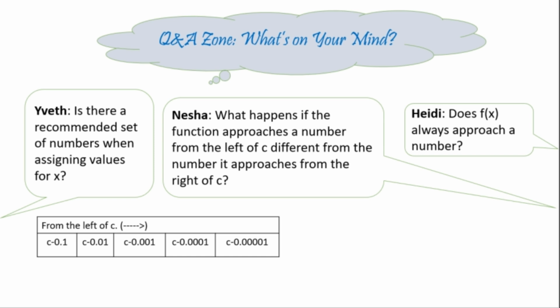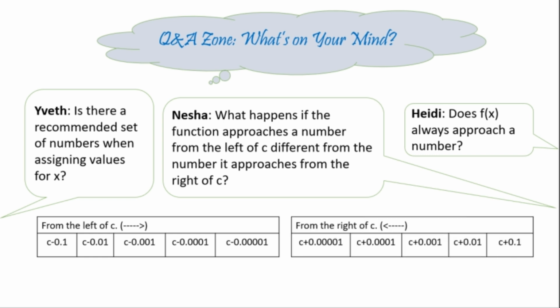The entries in this table are arranged in an order that is getting close to C. You can see here that the value of x is just 0.000001 away from C, right?